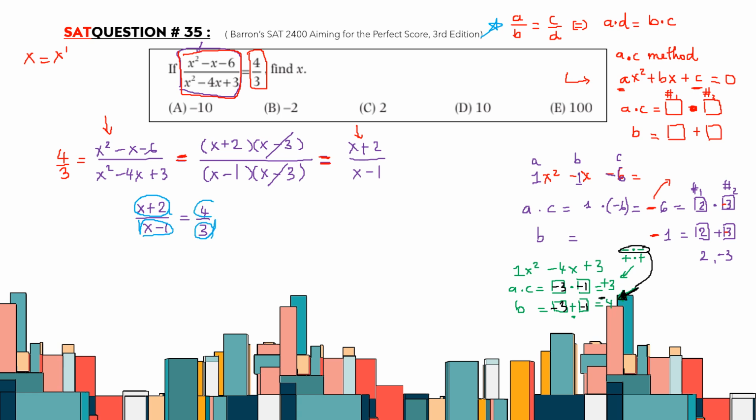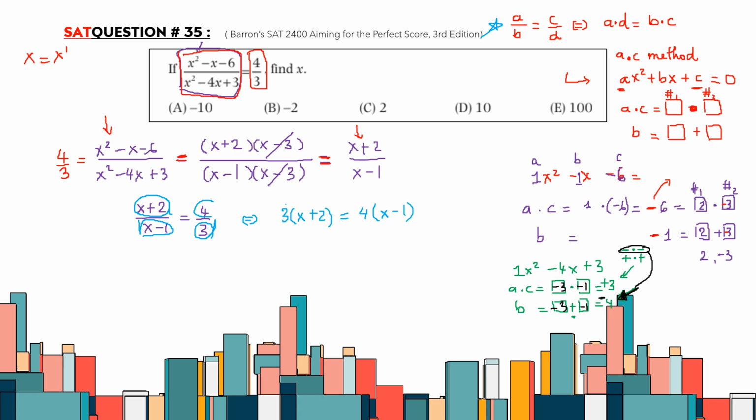So this is the same as 3 times x plus 2 equals 4 times x minus 1. We can write the number in front, since multiplication commutes.